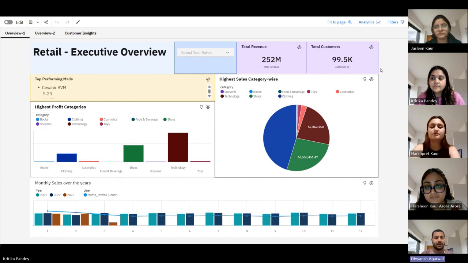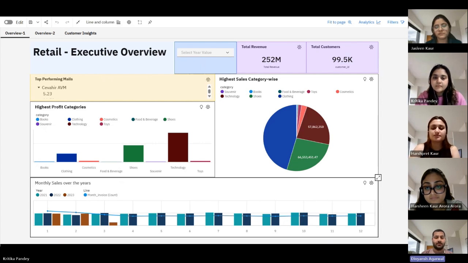On the top left, we have listed the top performing malls, sorted by revenue. So malls like Kevahir, AVM, and Mall of Istanbul stand out with a sales figure like 26,250, indicating high customer traffic and purchase power.